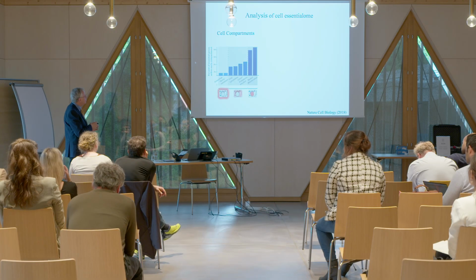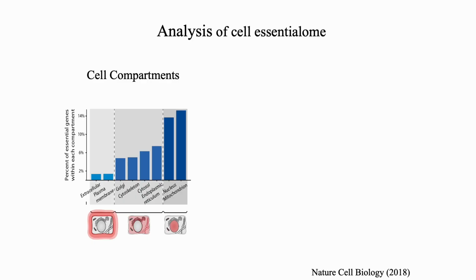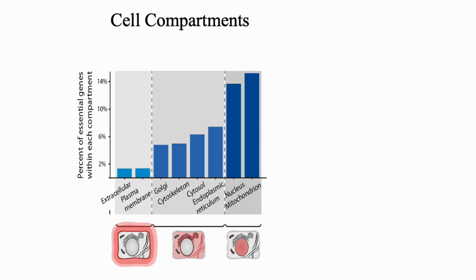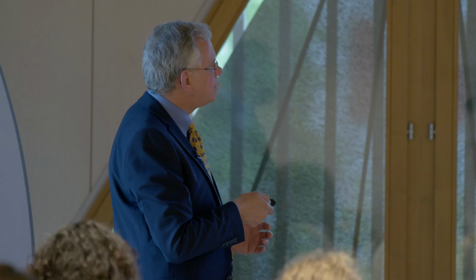The first one is cell compartment. You know that in the cell we have the extracellular or the plasma membrane, which is the outer layer. We have the cytoplasm, which has organelles, and then we have the nucleus, and another organelle is the mitochondria. When we did that with all of the genes in the human genome, we could tell that there is kind of a bias from the outside to the inside.